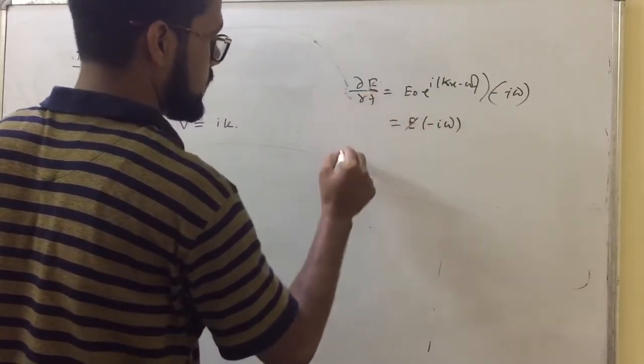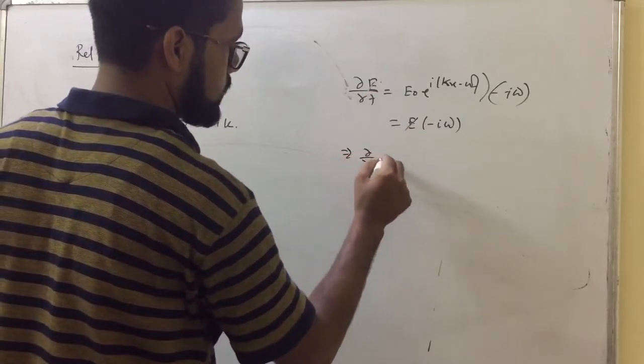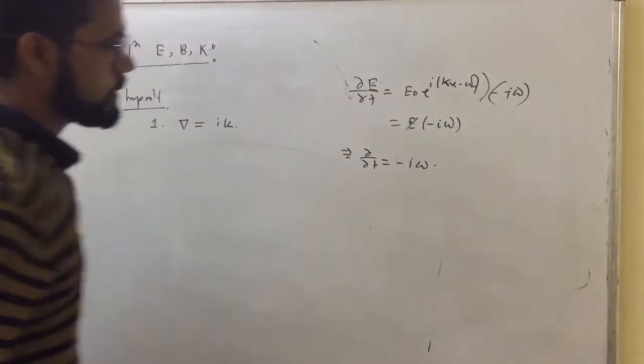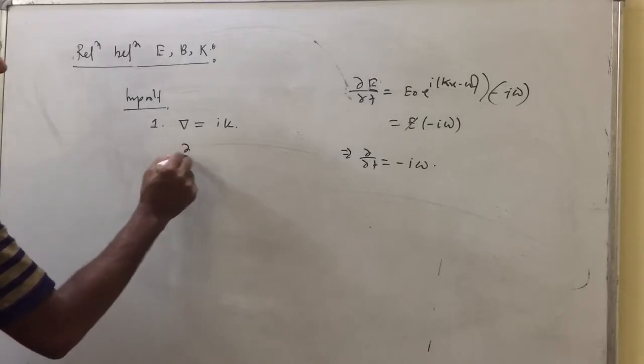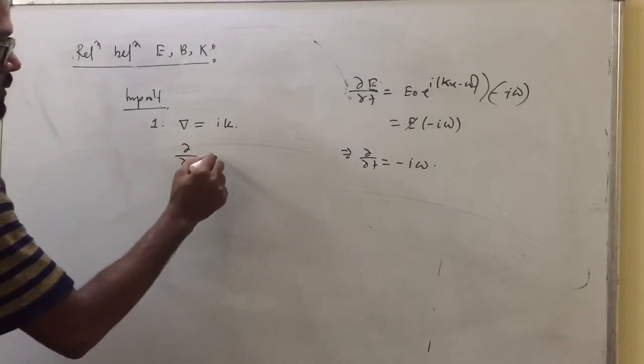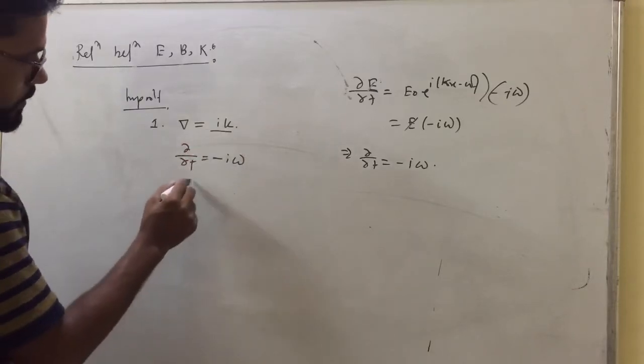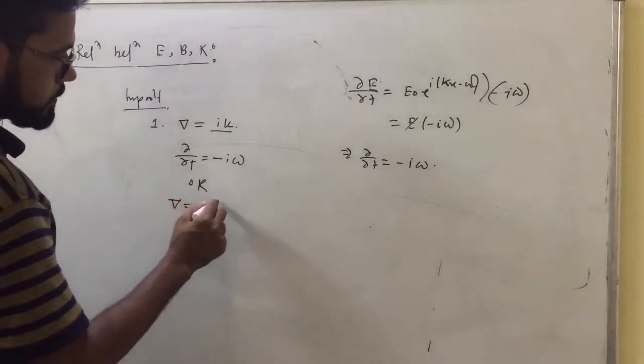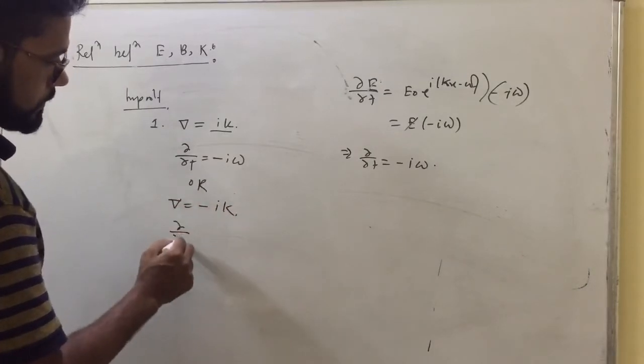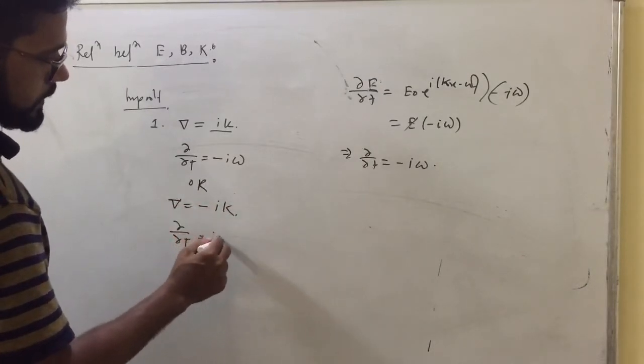So e cancels, so del t equals minus i omega. So I will directly put del t equal to minus i omega, or if we replace with minus ik, then del t equals i omega.